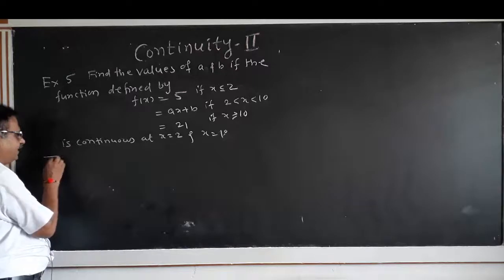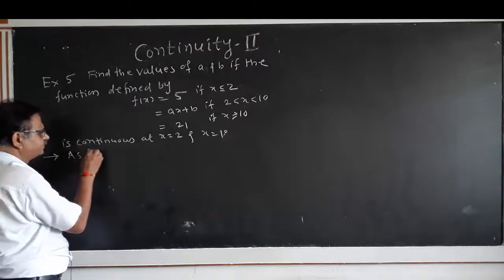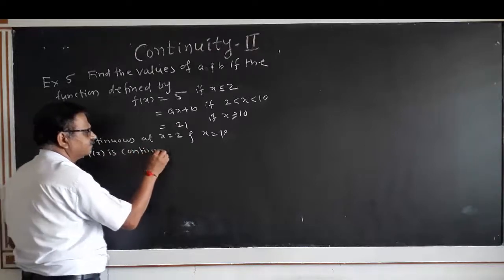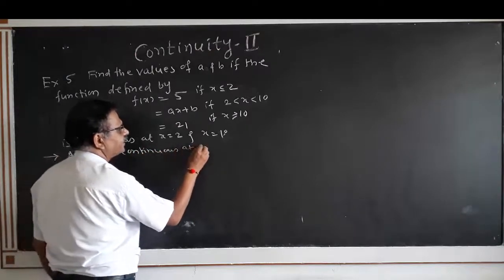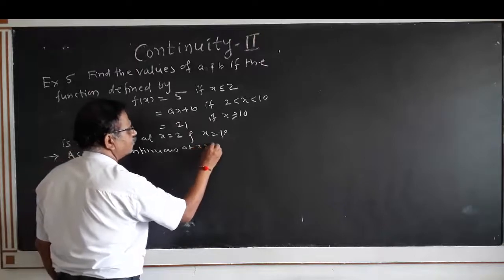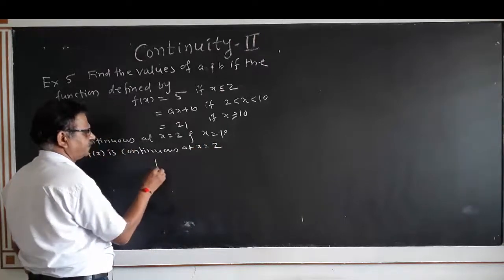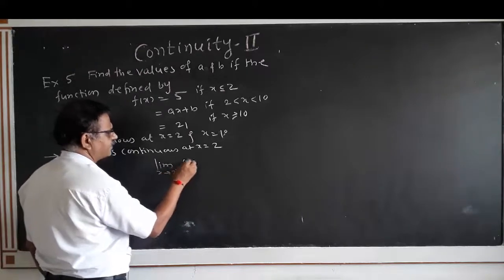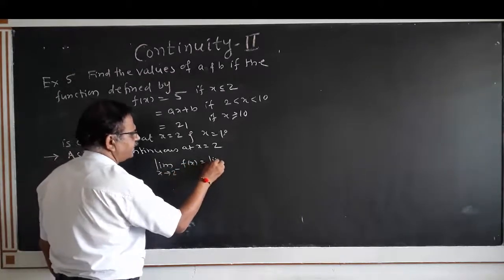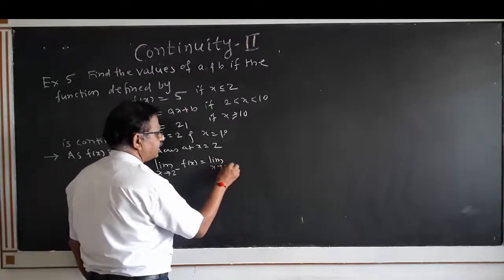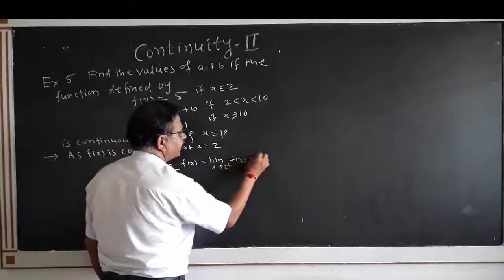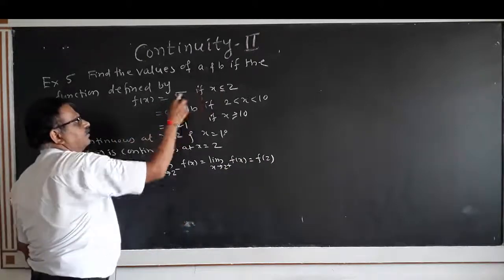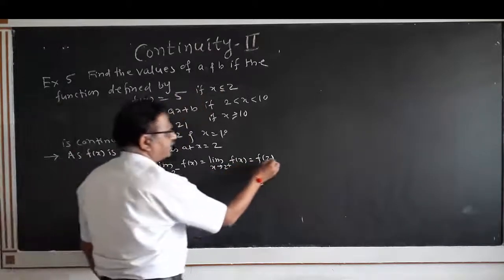As f(x) is continuous at x equal to 2, we have limit x tends to 2 minus of f(x) equal to limit x tends to 2 plus of f(x) equal to f of 2. But f of 2 equal to 5. Therefore, this is equal to 5.